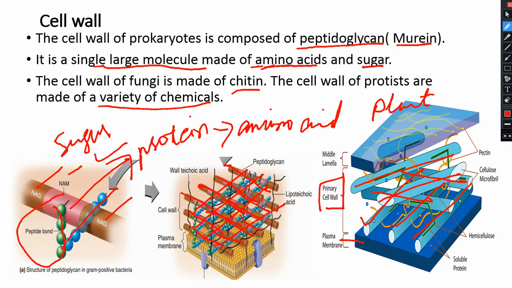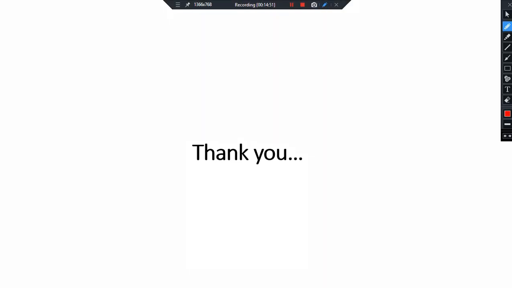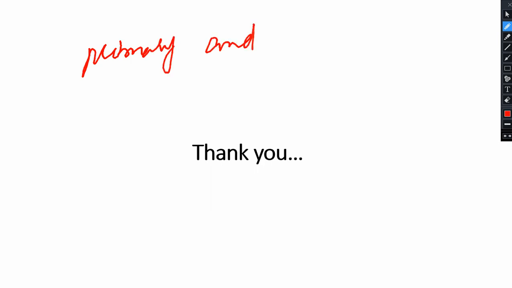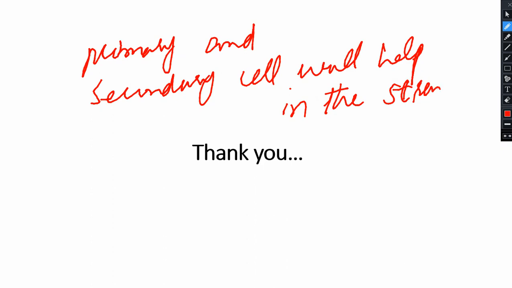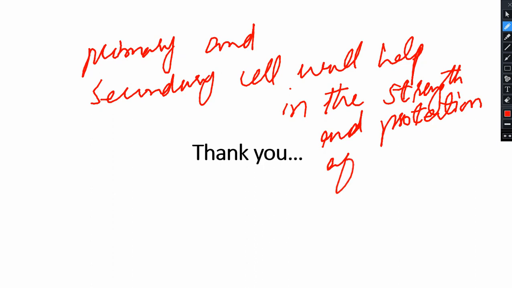My homework for this lecture is that you should search about how the primary and secondary cell walls help in the strength and protection of a plant.